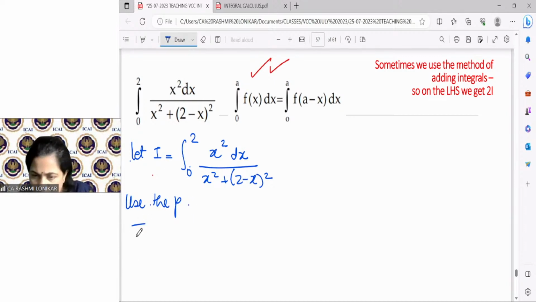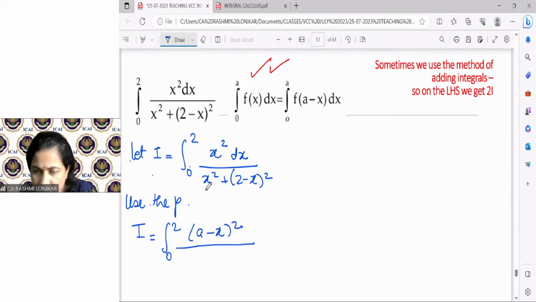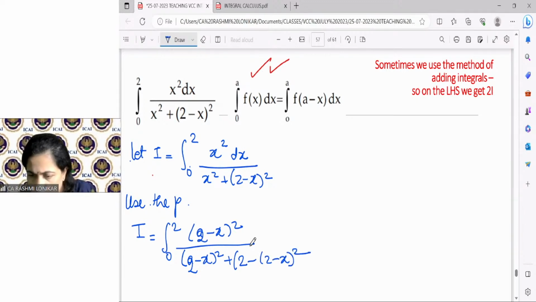I can write this as I is equal to integral 0 to 2. Instead of x, what I'm going to write? f of a minus x. So this becomes a minus x the whole square upon, instead of x, I'm writing a minus x the whole square. And this will be 2 minus x, here a is 2. So 2 minus of 2 minus x the whole square.